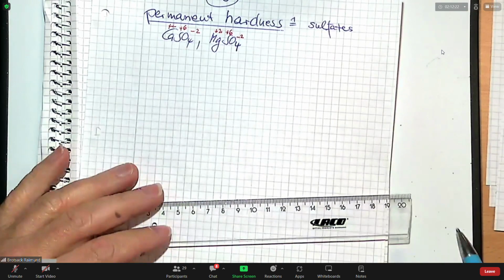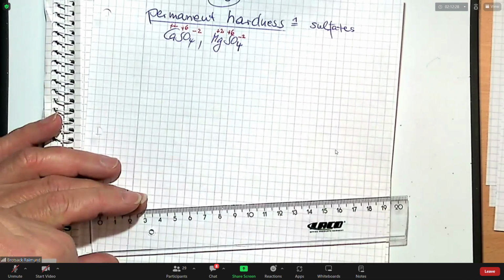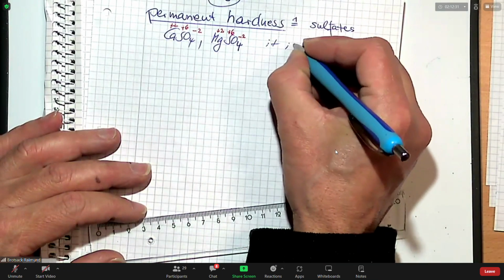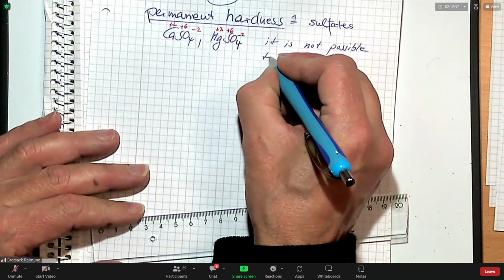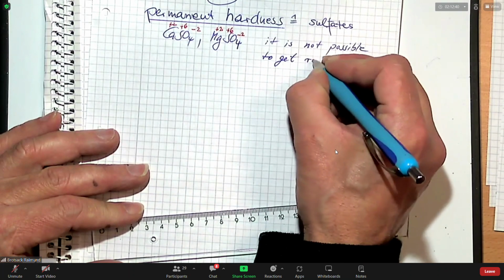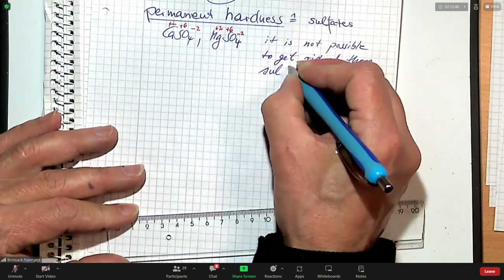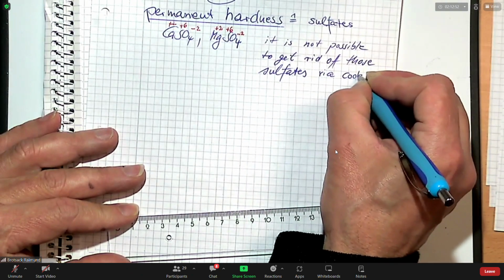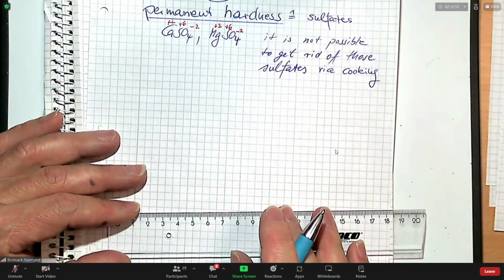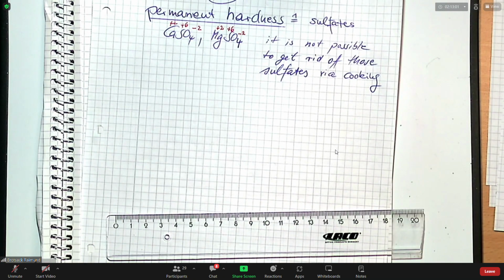So it is not possible to get rid of these sulfates via cooking. And that's why we call it permanent hardness. Of course, with an ion exchange filter, we can remove it, but not via cooking.